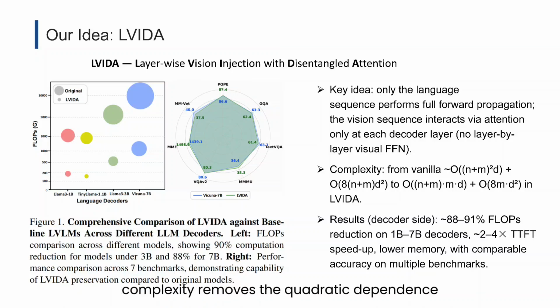The resulting complexity removes the quadratic dependence on the full multimodal length in attention and cuts FFN work to text only. Empirically, across 1B to 7B decoders, we reduce decoder FLOPs by roughly 88 to 91%, speed up TTFT by about 2 to 4 times, and lower memory usage while maintaining comparable accuracy over a suite of benchmarks.